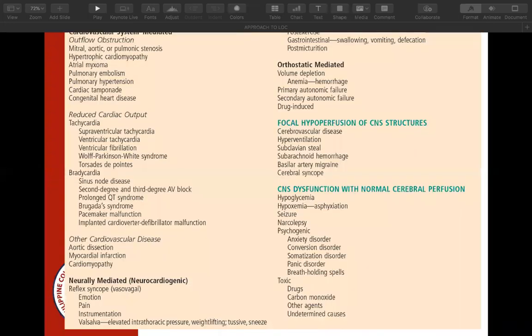Okay. The potential causes of syncope are numerous and can be categorized according to the primary mechanism. In this table, you can see systemic hypoperfusion resulting in CNS dysfunction. You could also have focal hypoperfusion of CNS structure. Lastly is CNS dysfunction with normal cerebral perfusion.